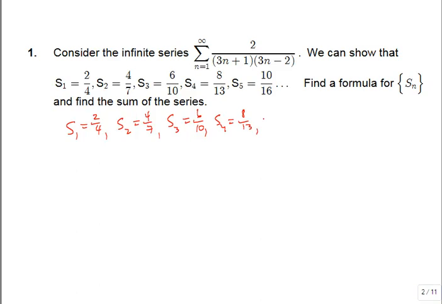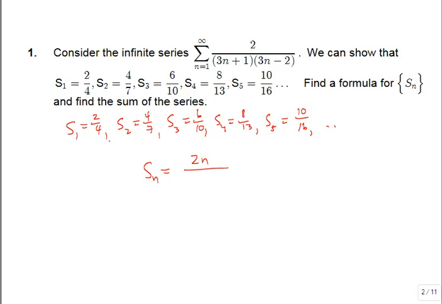So if you look at those numerators of our partial sums, 2, 4, 6, 8, 10, those are obviously just 2 times whatever term it is. So 2 times 1 is 2, 2 times 2 is 4, 2 times 3 is 6. So in general, it looks like the numerator is just going to be 2 times whatever n is.